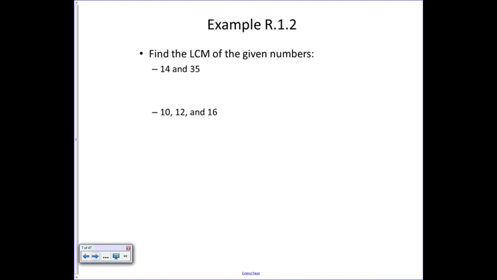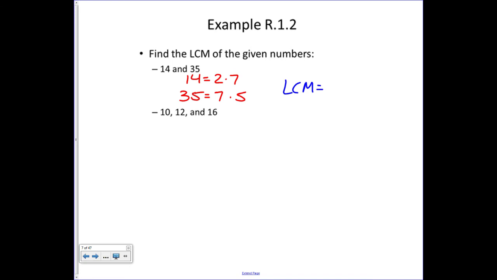We want to find the least common multiple of 14 and 35. Well, if we write the prime factorization of 14, that's going to be 2 times 7. For 35, the prime factorization is 7 times 5. So we want to write each factor the most number of times that it appears in any one factorization.